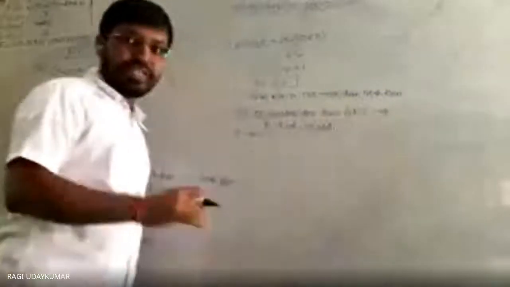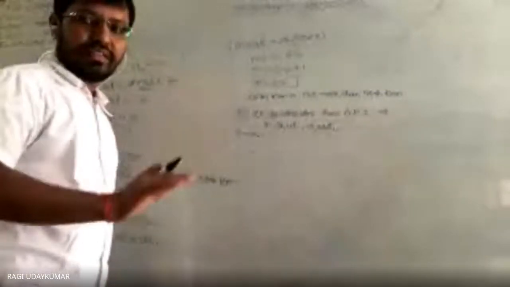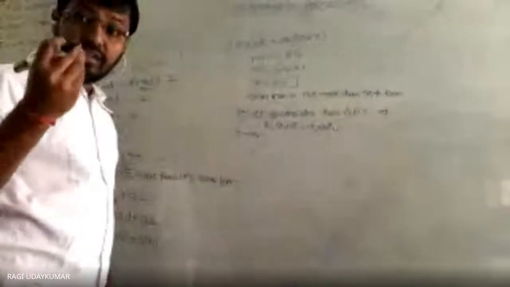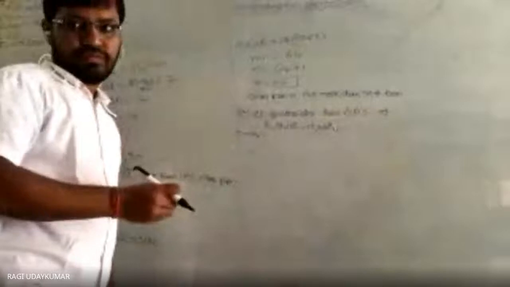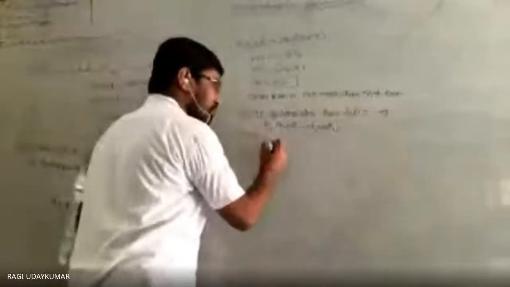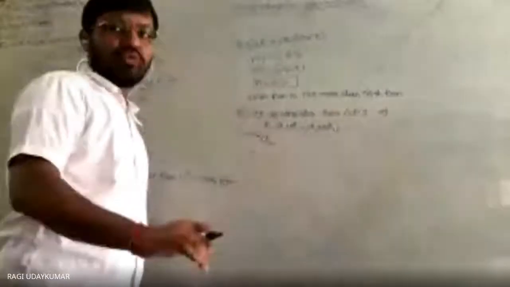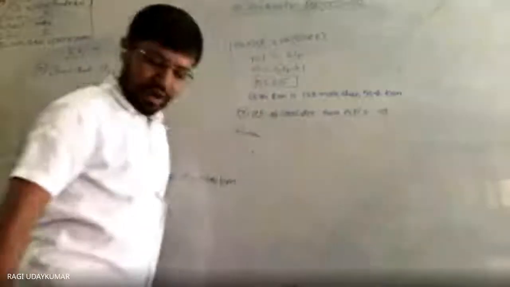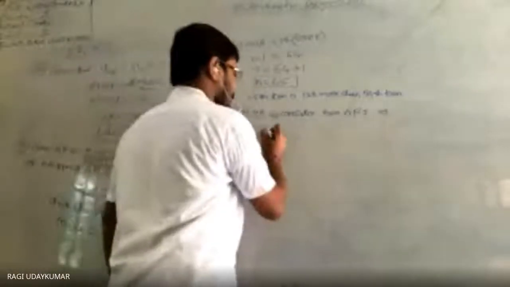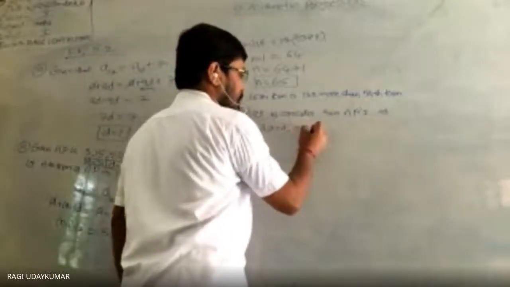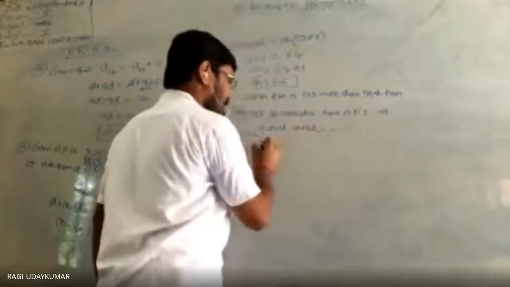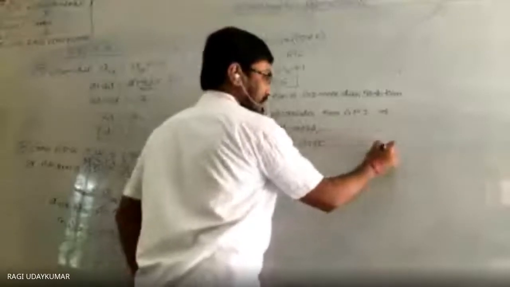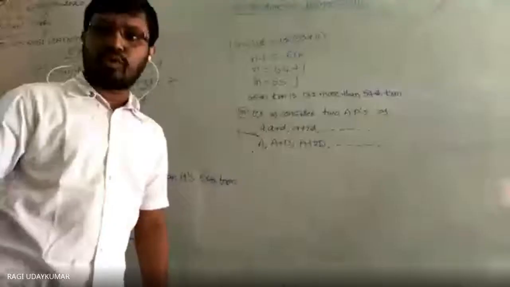This is one arithmetic progression in which the first term is A1 and the common difference is D1. And the second arithmetic progression has first term A2. Otherwise, if you get confused, do one thing: small a, small d, consider a plus d, a plus 2d and so on. Capital A plus D, capital A plus 2D. Two different arithmetic progressions you consider.